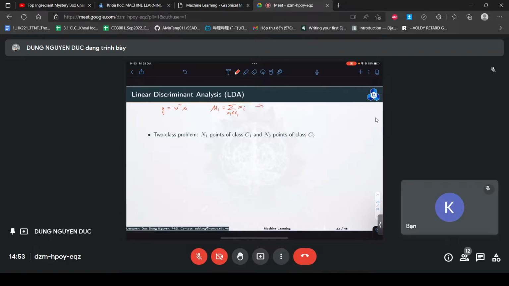Then the projected mean, let's say the mean of y1, turns out to be the same thing: w^T times the sum over xi, where xi belongs to class 1.